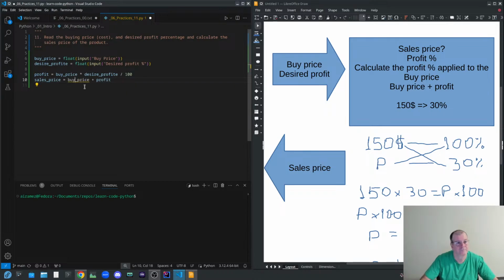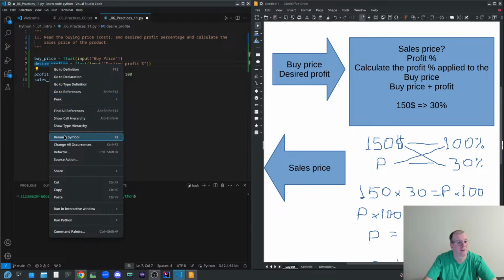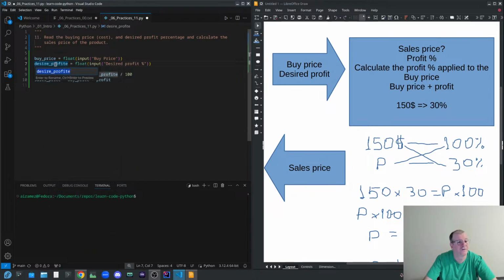Buy price. If I want to make this even better, I can rename this variable. Instead of desired profit, oh, I put a typo there, I could say profit, or even better, desired profit percent.